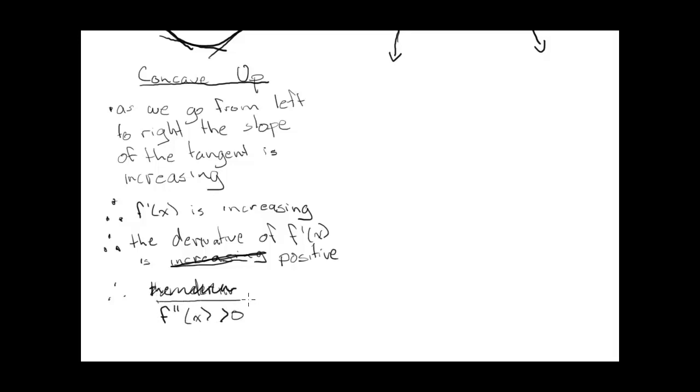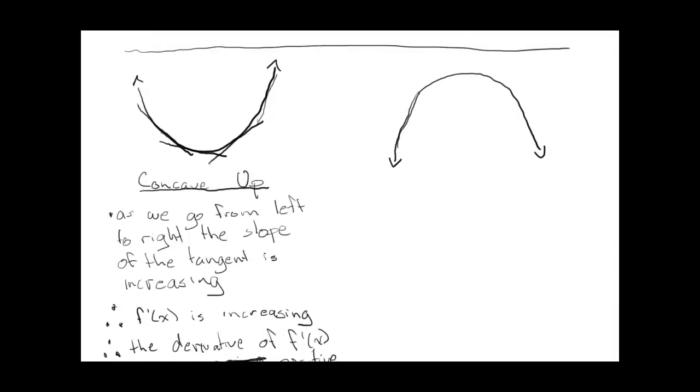So a function is concave up whenever its second derivative is positive. And then the opposite thing would work for concave down, right? Tangents are all above, but in this case, what's happening to the slope? Well, it's positive, less positive as we go to the right, becomes negative, and even more negative.